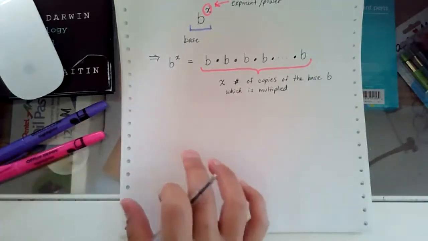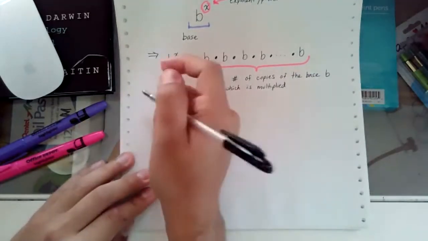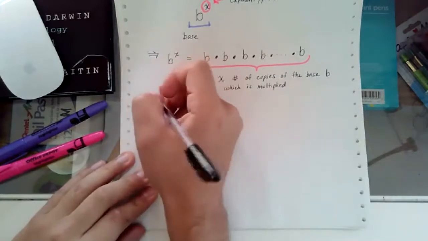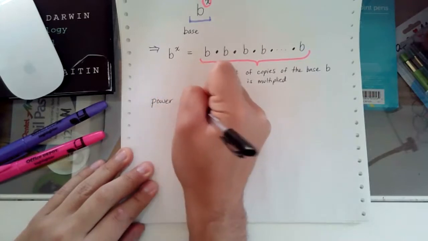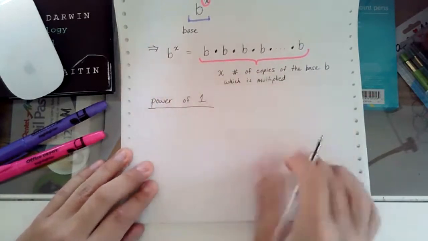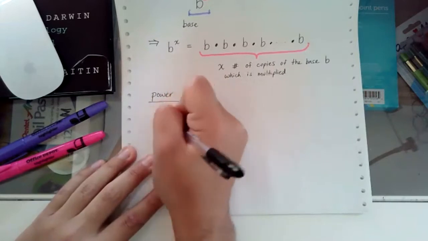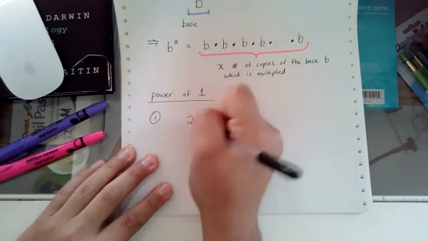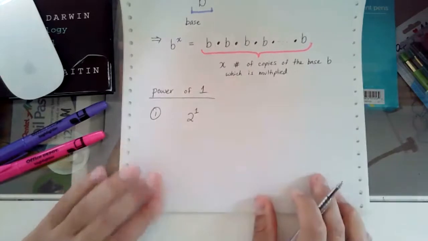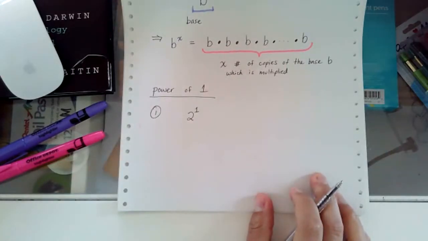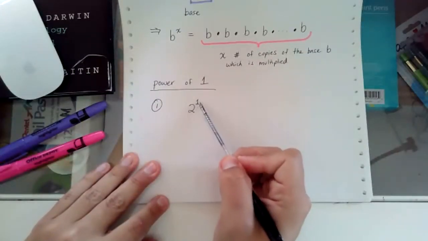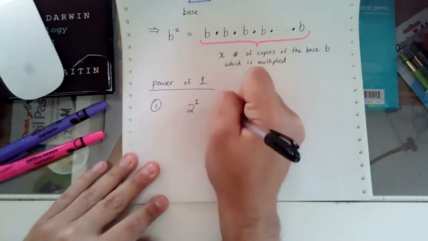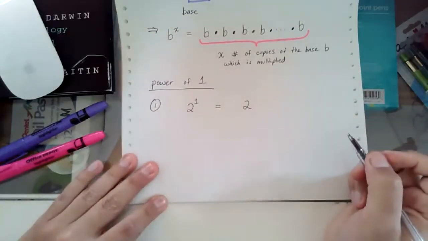So we can start off with a really simple property of exponents, probably the most basic one, the power of 1. Can anybody tell me what, for example, 2 raised to the first power is? 2. Yeah, right? Because if this is the base, and this is the number of copies of the base that we need to write, well, then we'll just write the number 2.